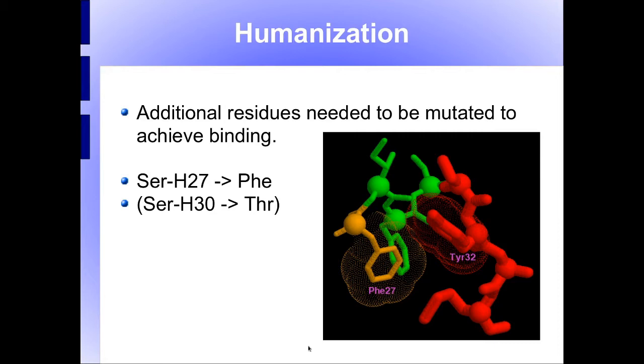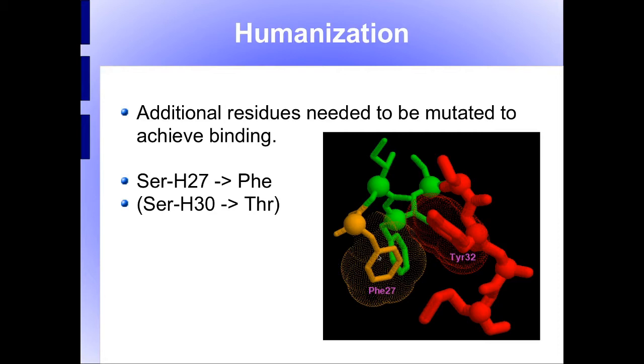So in this particular instance, this in red is CDRH1, and there's a tyrosine at this position. In this particular rat antibody, the tyrosine was interacting with a phenylalanine at this position, H27, shown in orange.